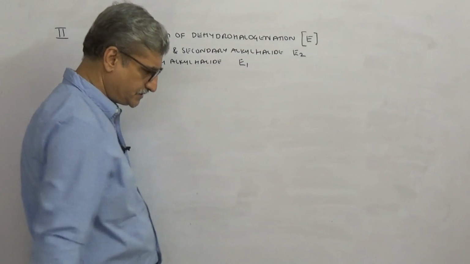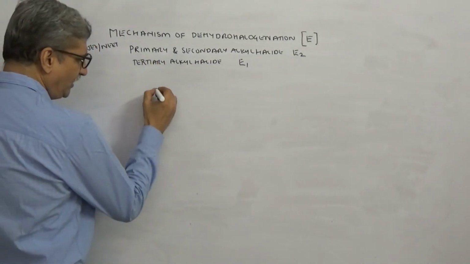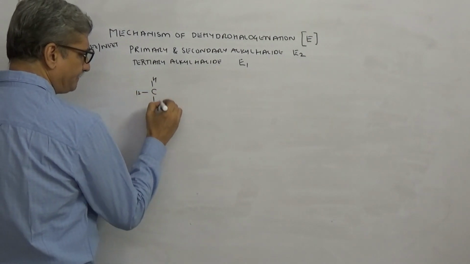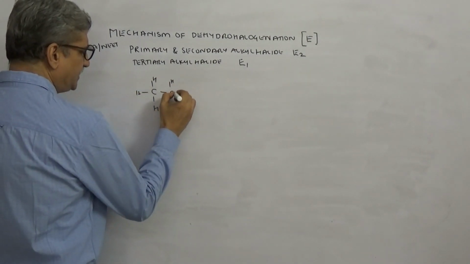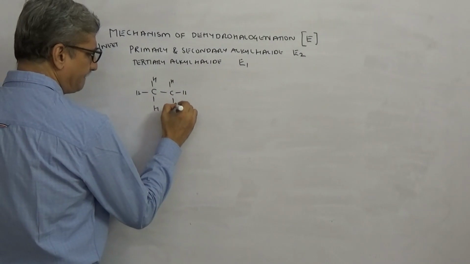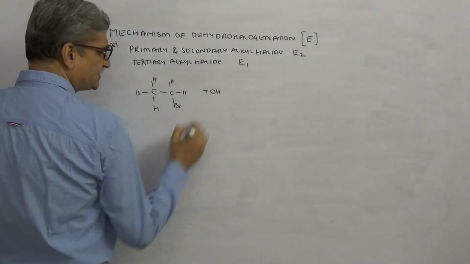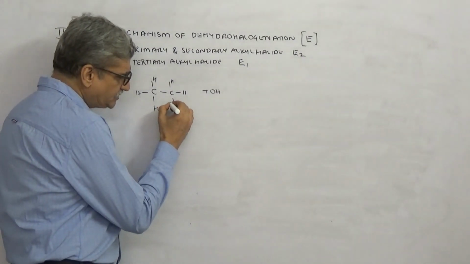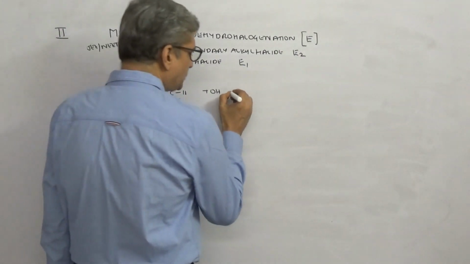So let me discuss this. Now if you have an alkyl halide, CH3CH2Br plus OH minus, in step 1 there is a slow step where the bromine goes out as bromide.